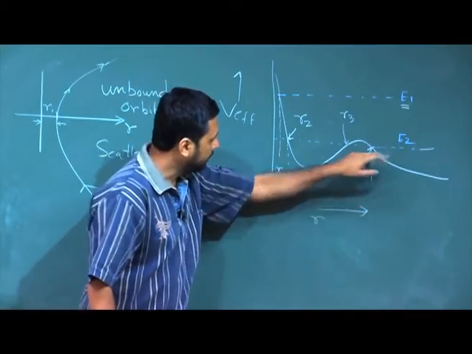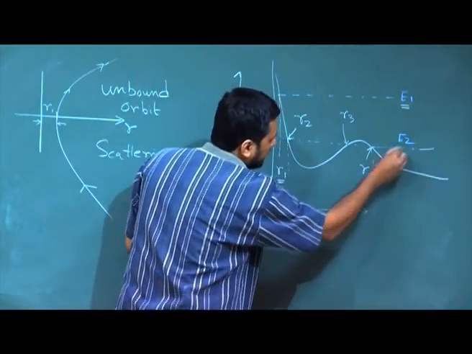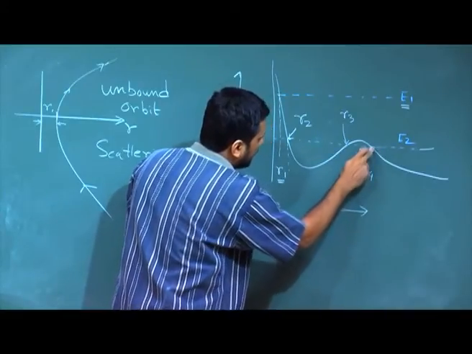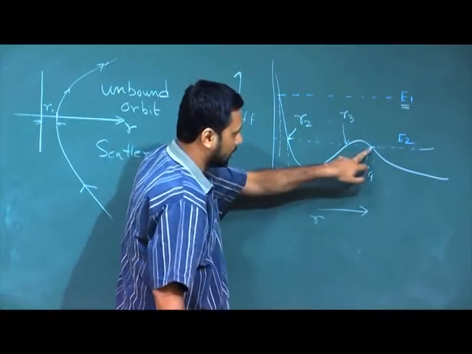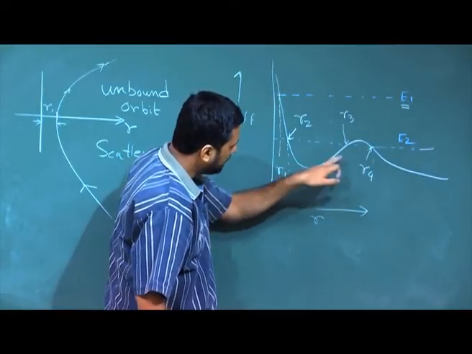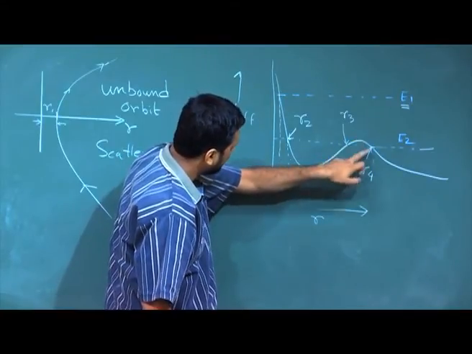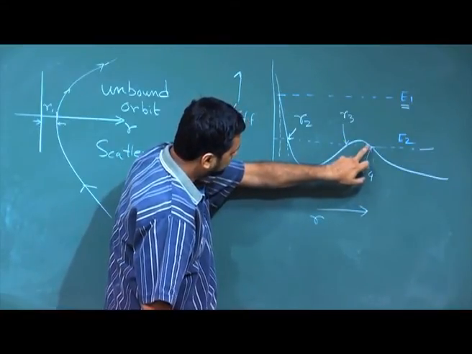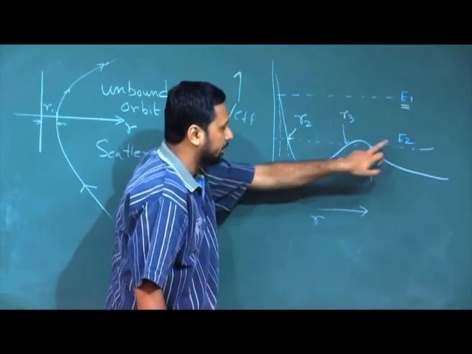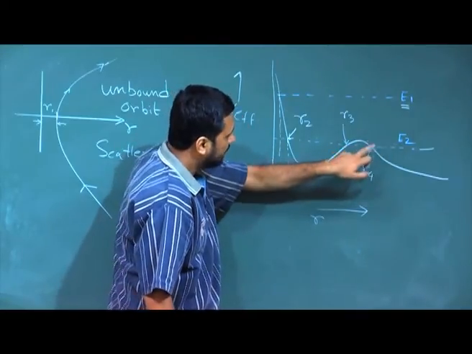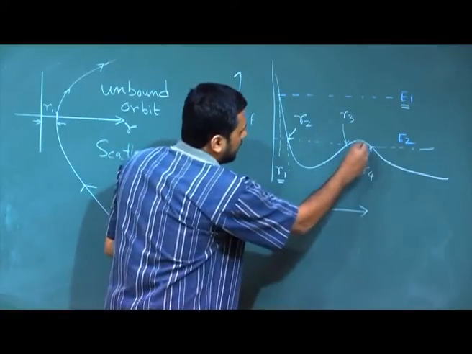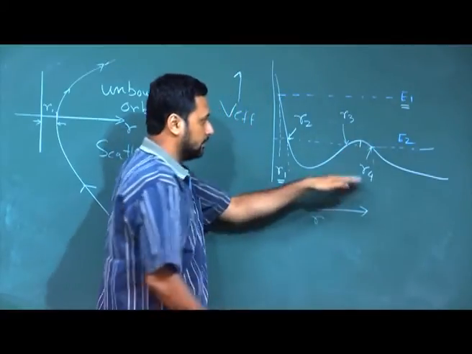Because beyond R4 the potential goes upwards, it cannot cross this barrier, as it has an energy E2 which is not sufficient to jump this height.